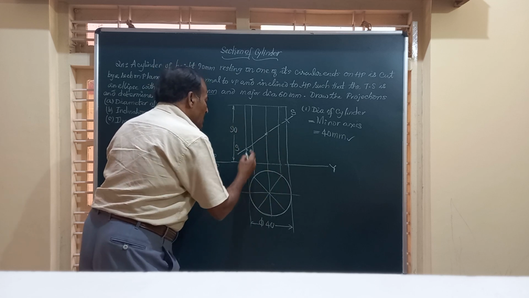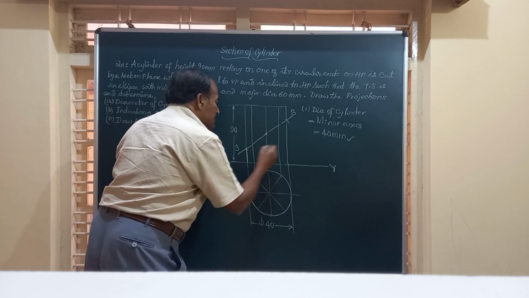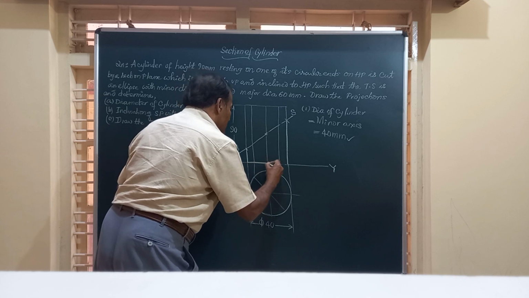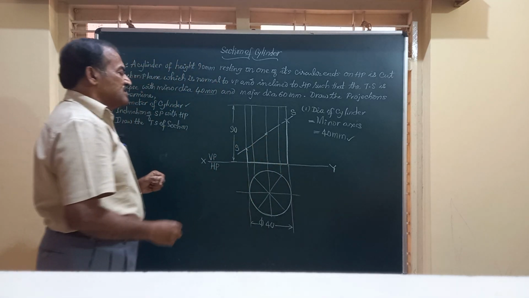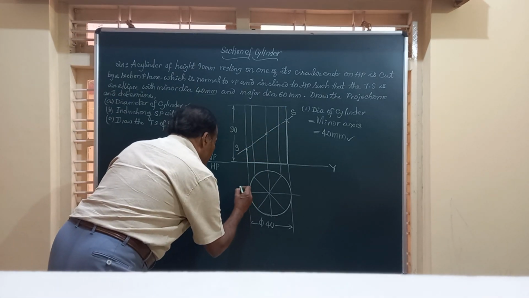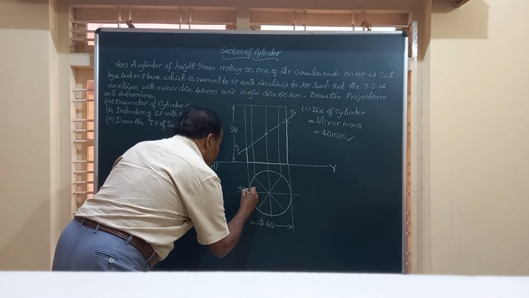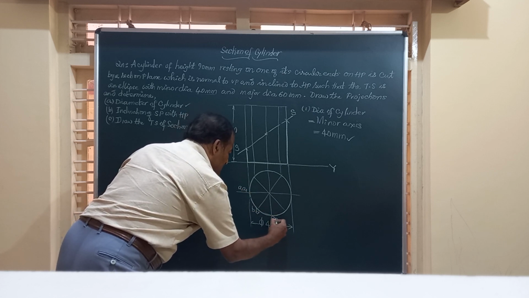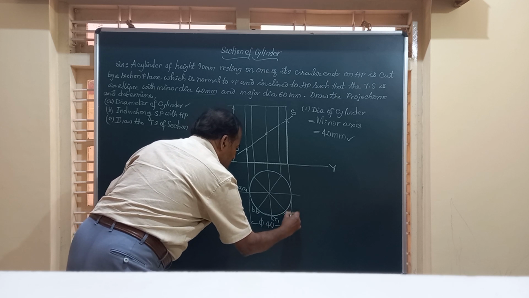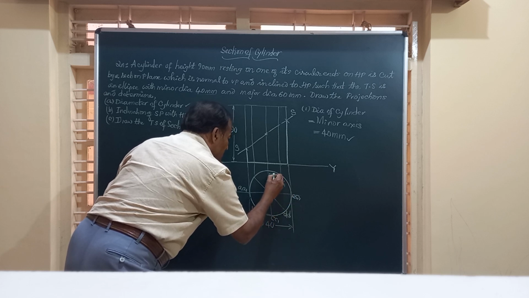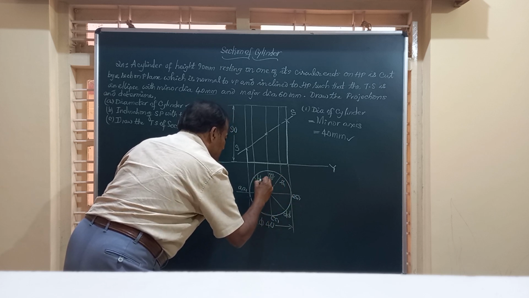And friends, now the portion that is retained here I will mark like this. I will show it by visible lines. This is the portion of this cylinder. Now, before going ahead, let me mark these ends of the cylinder generators as AA1, BB1, CC1, DD1, EE1, FF1, GG1, and finally HH1.